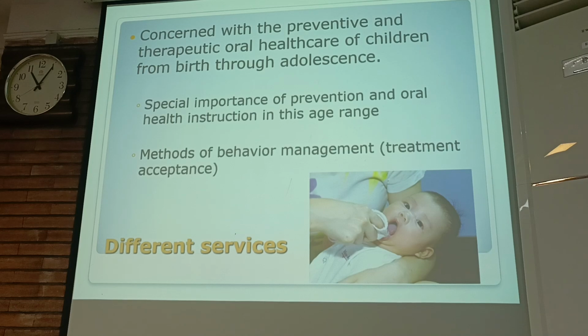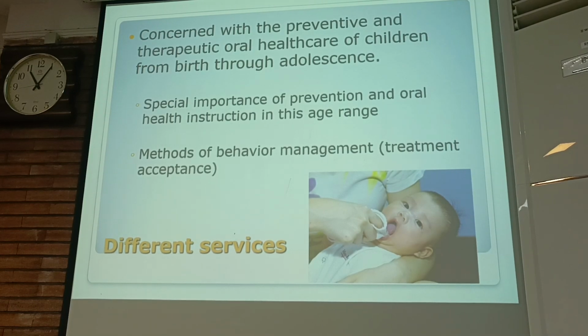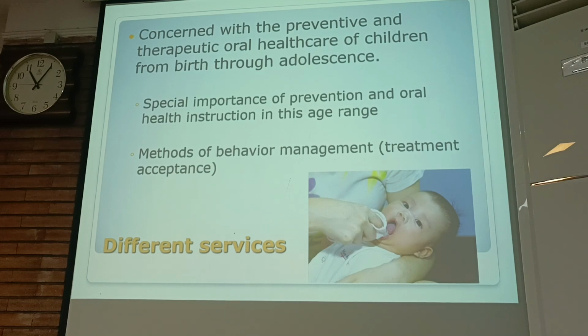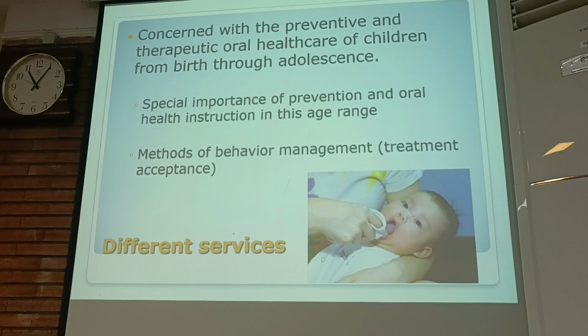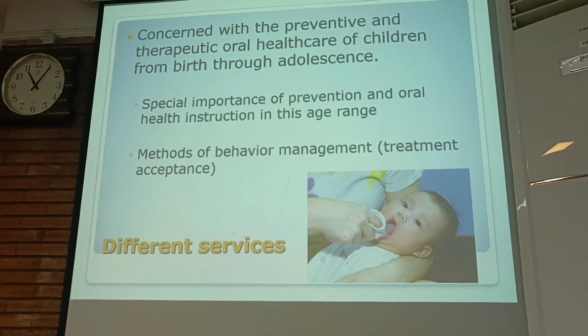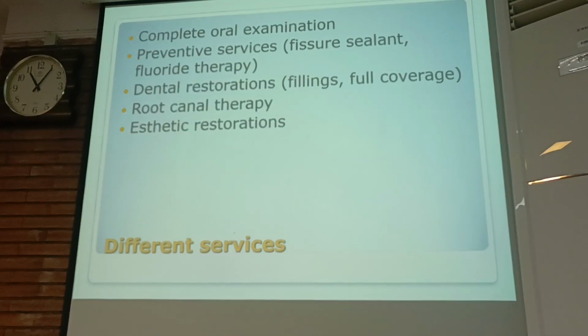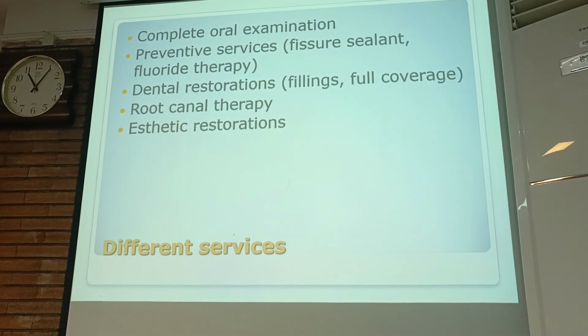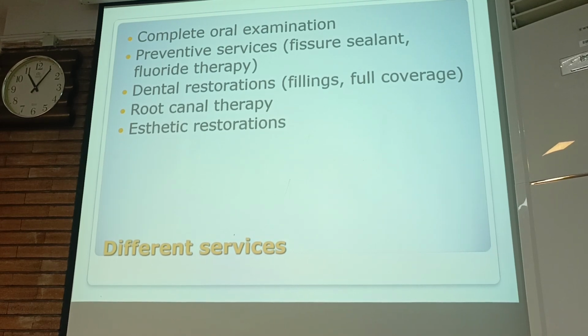Because we have children of different ages, with different moods, and we should control their behavior to provide the treatment for them. In this department, the range of services varies from complete oral examination to preventive services.